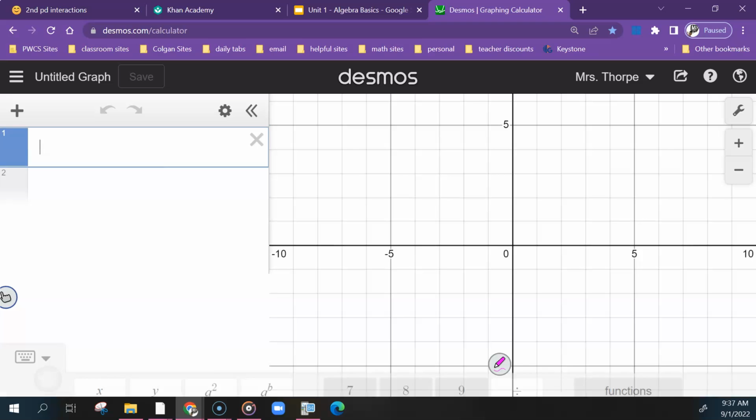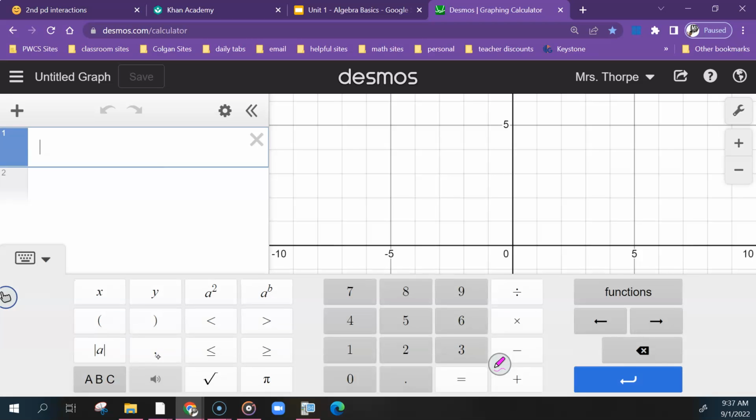In your keyboard, you need something square or something raised to a different power. Those are your go-tos. If you're typing, if you hit Shift 6, there's that little caret that was on your calculator that does the same thing. Absolute value bars are right here. So if you press that, you'll get those.